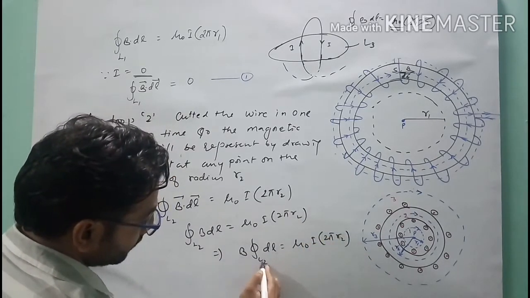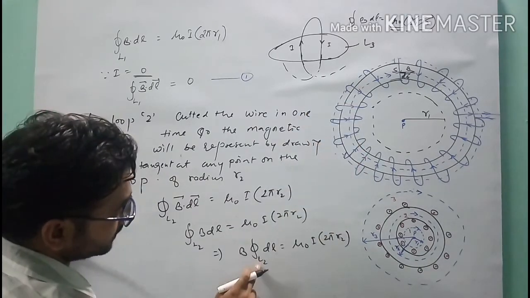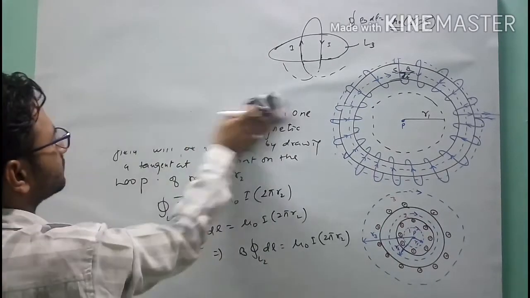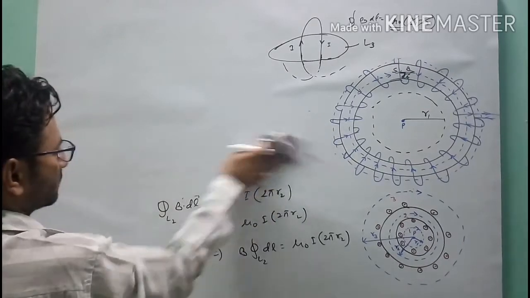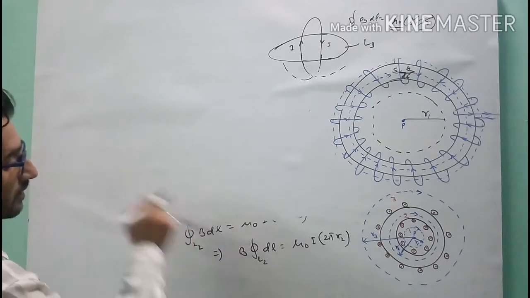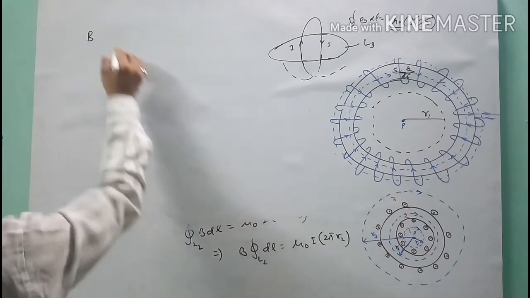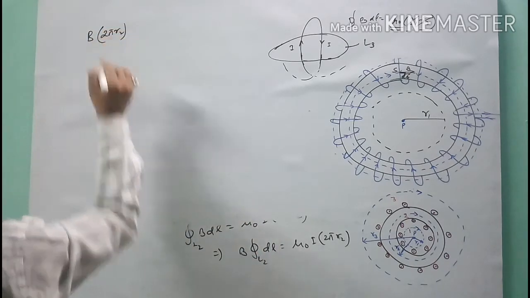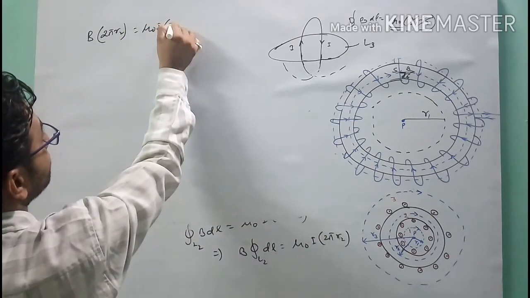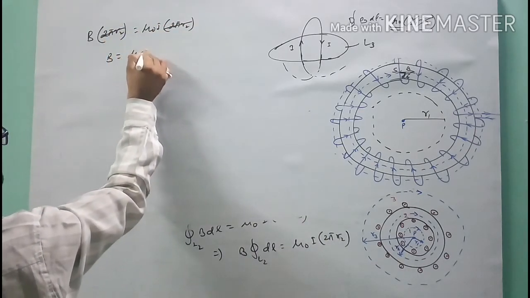So for the Amperian loop of radius R2, I can write B times the integration of dl, which is 2 pi R2, equal to mu naught I times 2 pi R2. Clear? 2 pi R2 cancels, and B is equal to mu naught I.